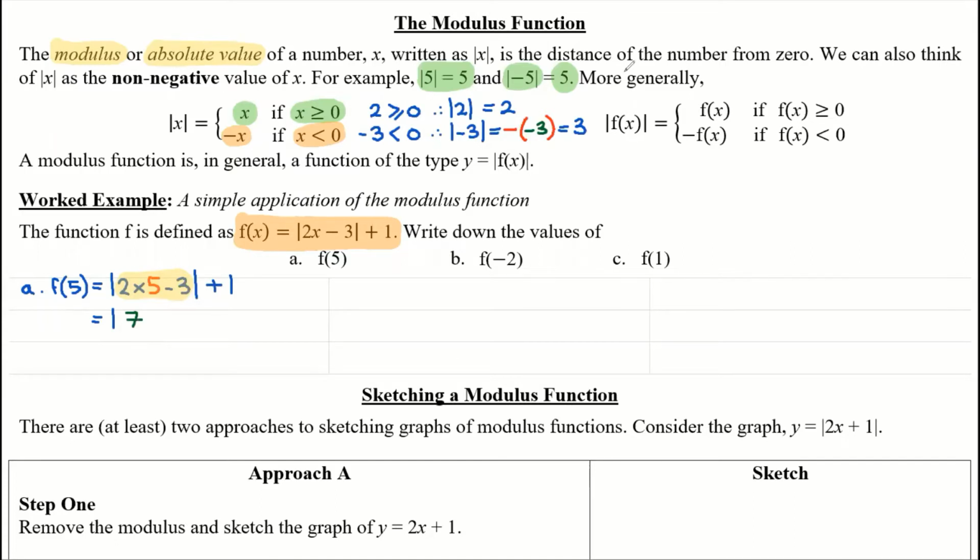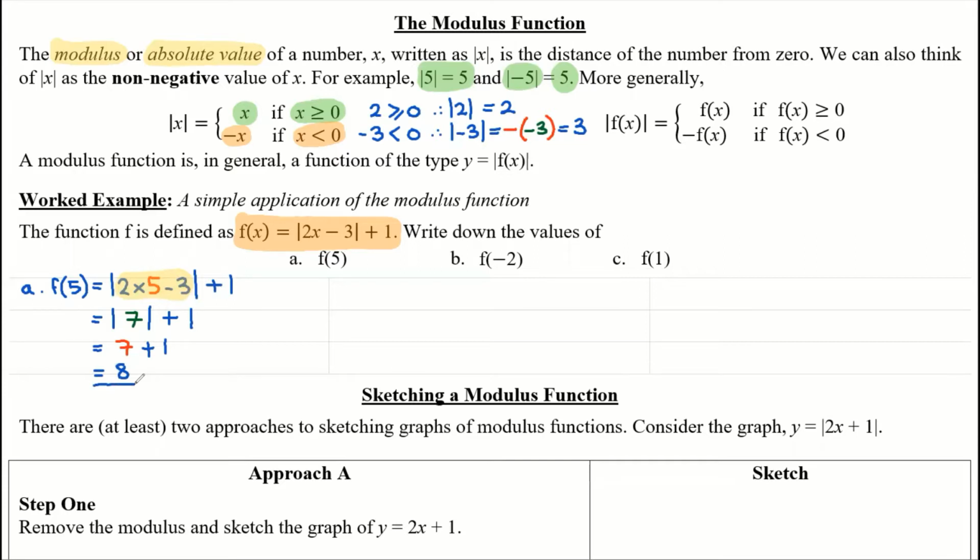Let's close the modulus and add 1. Okay, so now we apply the modulus function to 7. Well, obviously 7 is a positive number, so it doesn't change. So this is simply equal to 7 plus 1, which is 8. All right, I hope that makes sense. Okay, so that's f of 5.